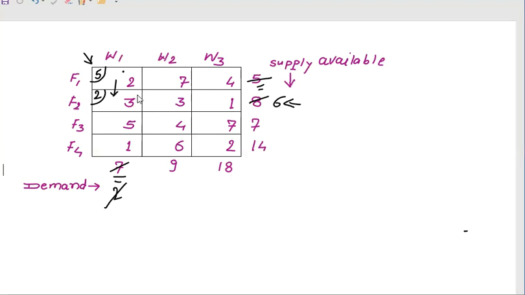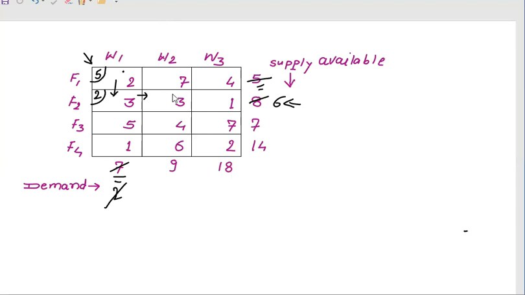So we move to the right hand side cell. Now this is column number 2 for warehouse W2. What is the requirement at second warehouse? Requirement is 9 and available quantity is 6.